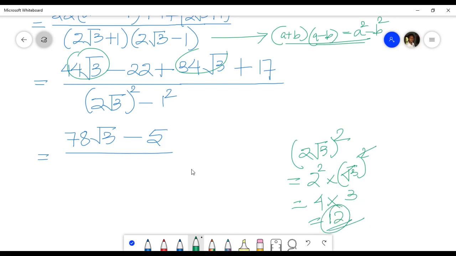We'll just replace the value over there in the denominator. 12 minus 1 square would be 1, right?